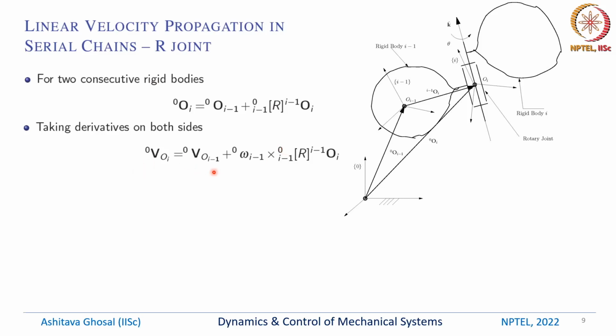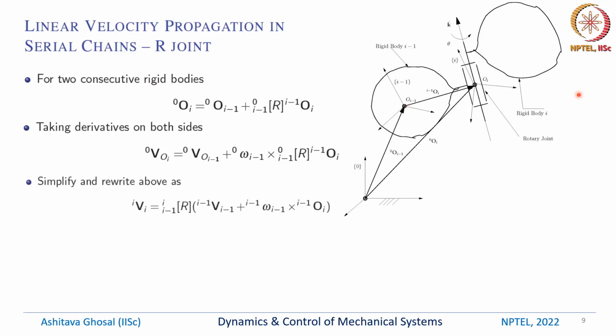So this is a well-known formula. We are putting all kinds of superscripts and subscripts just to make it very formal. If you have a whole bunch of rigid bodies, then we can relate the linear velocity of the ith rigid body to the (i-1)th rigid body, both connected by a rotary joint, as the linear velocity of the origin of the (i-1) rigid body plus some omega times r.